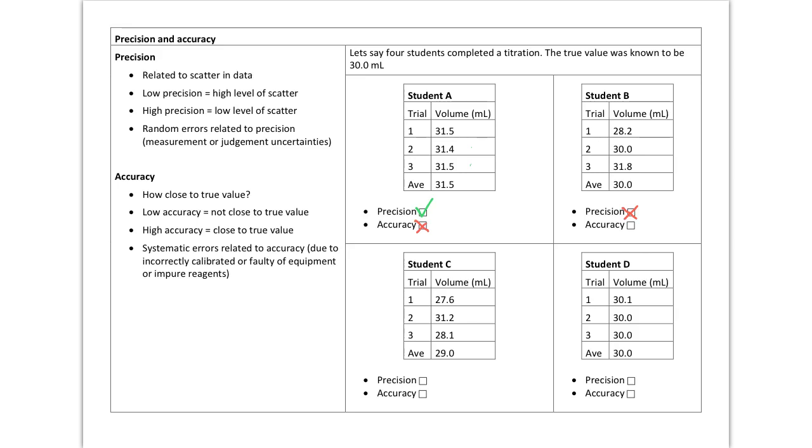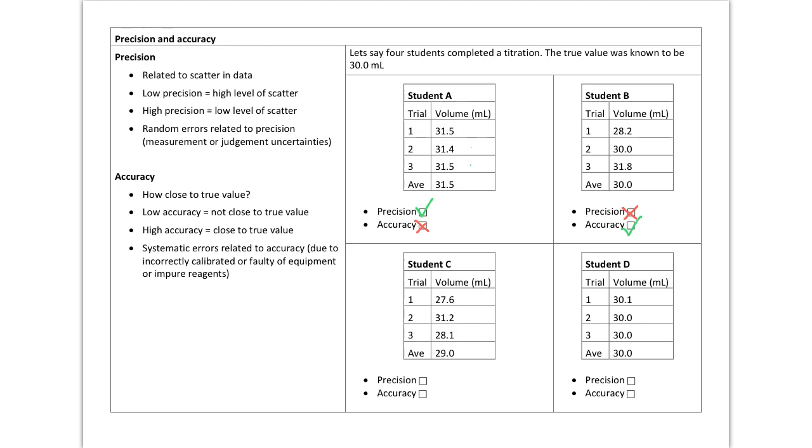However, maybe they were just lucky, who knows, their average result came out spot on the true value. So we could say that is an accurate result. I'd tend to say they just got lucky, because poor precision is usually showing poor technique, but they've just happened to have got the right answer.